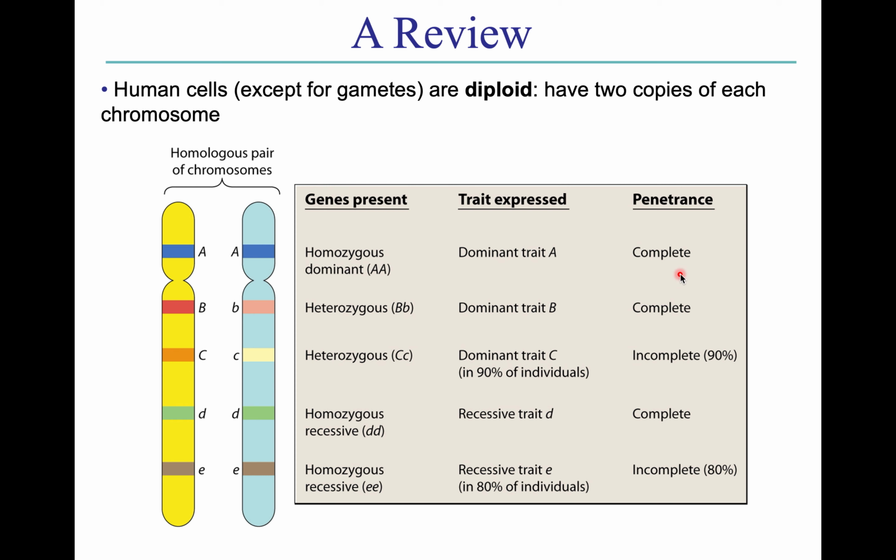So we would say that is complete penetrance. That phenotype is penetrating completely in that case. Same situation with the recessive allele, right? We would expect everybody with the recessive little d genotype to have the recessive D phenotype. 100% of those people, complete penetrance.